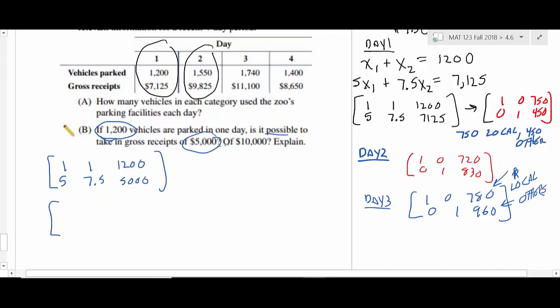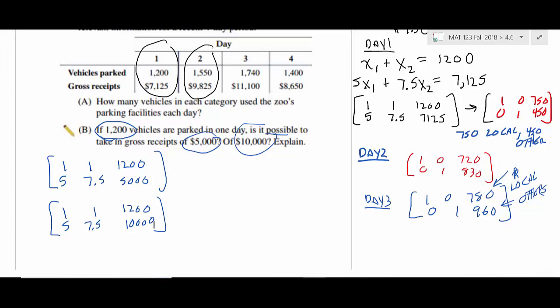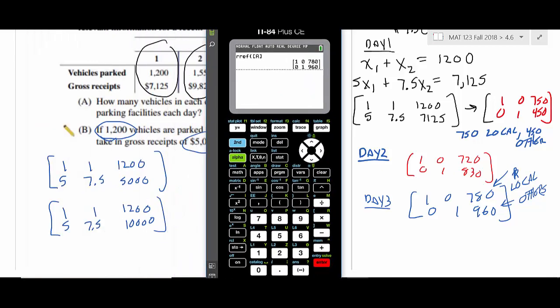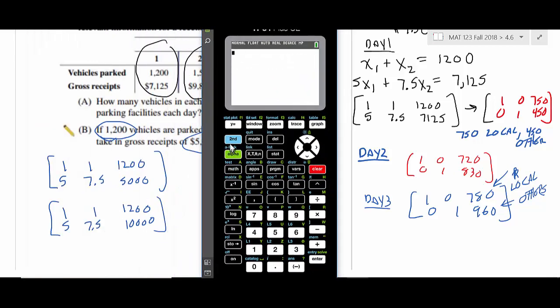Then the other thing we're going to do is 10,000. We're still going to do 1, 1, 1,200 cars parked, then 5, 7.50, and then 10,000 like that. So let's see if it's possible, and let's see what the calculator tells us then. Okay, so I can actually just type over what I have on the same matrix, so we don't have to worry about setting up a brand new matrix or anything.